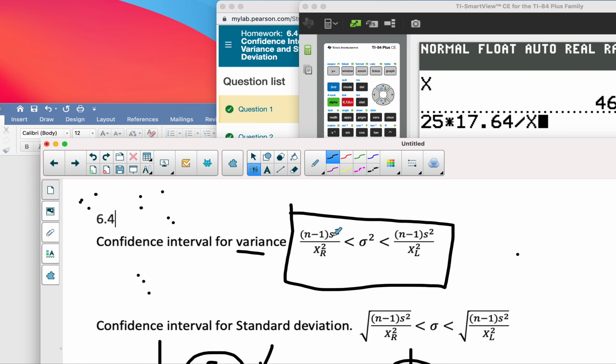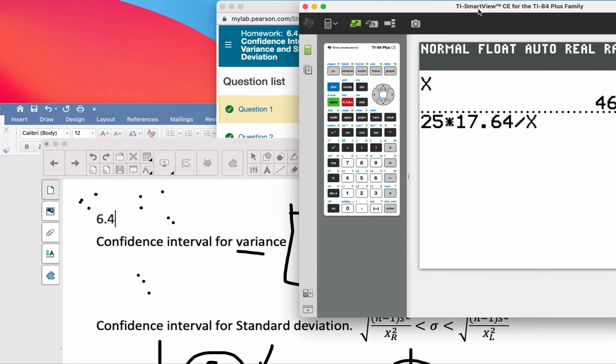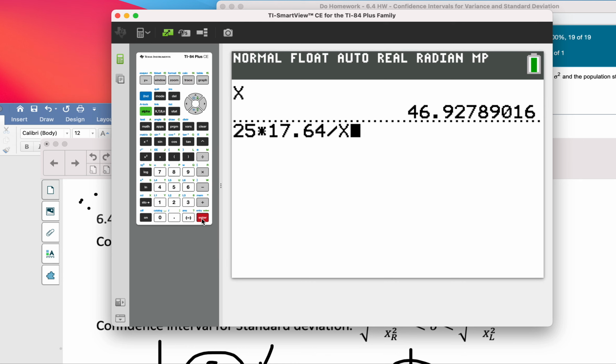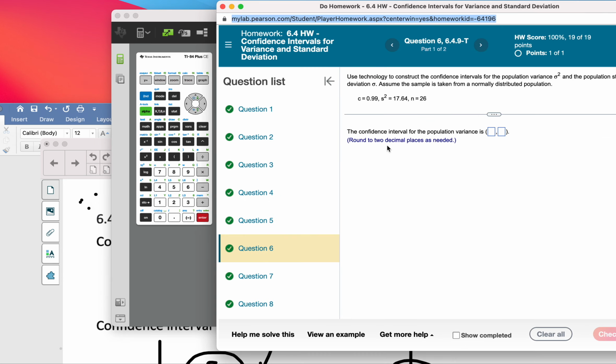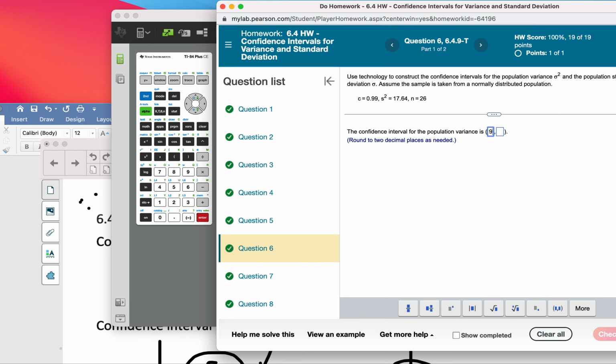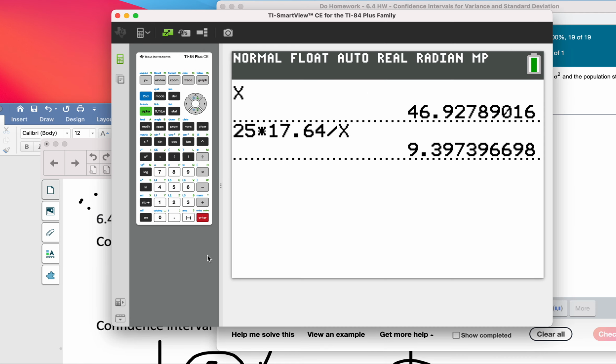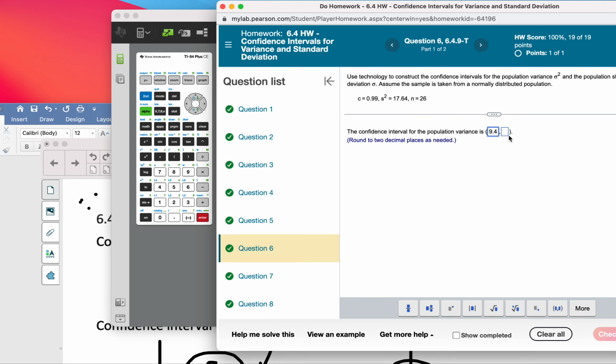Degrees of freedom times the variance divided by x, this x we just found, hit enter, 9.397, so 9.4, rounded to 2 decimal places. Okay, so that's the left side.